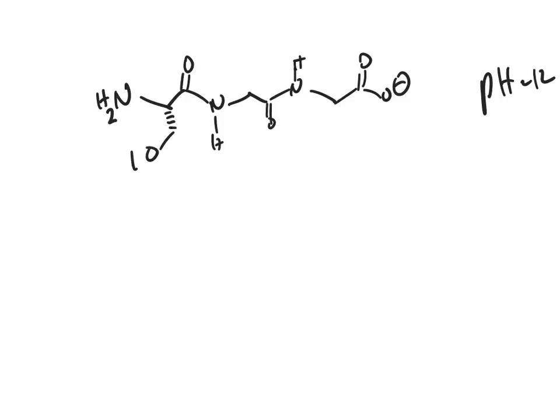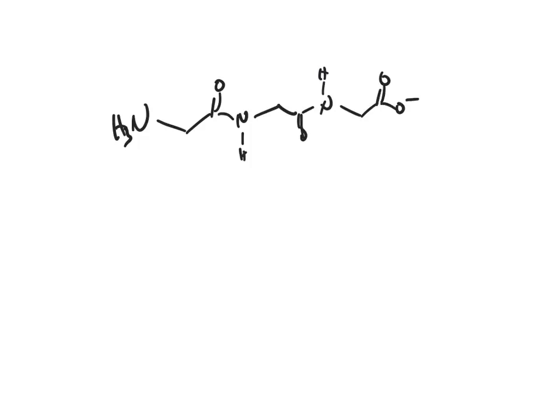Our unaffected side chains stay the same, and then at high pH, both your carboxylates are going to remain as negatives. So for this molecule here, you have 2 negative charges, so the overall charge is going to be -2. I'm going to do one more.